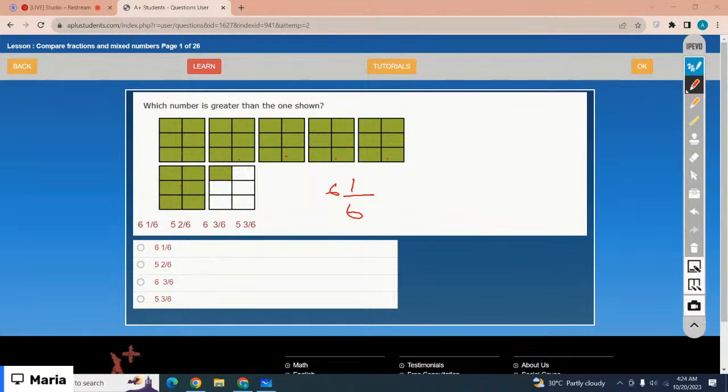Very good. 6 whole 3 over 6 is the correct option, right?